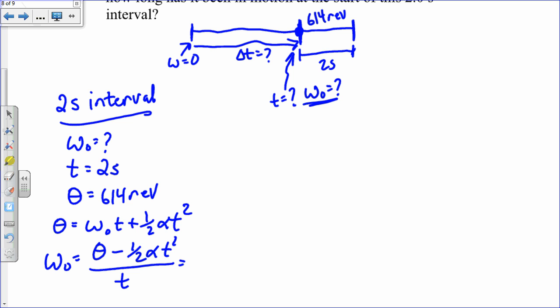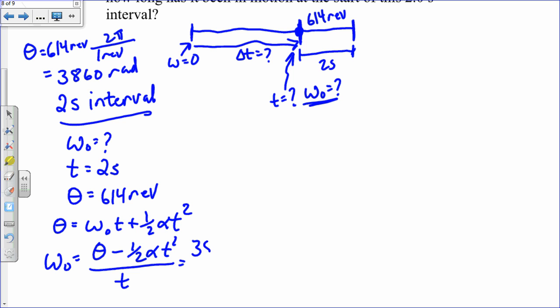I need to convert this. Theta is equal to 614 revolutions. That's equal to a theta of 3860 radians.